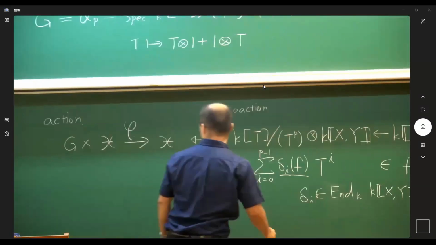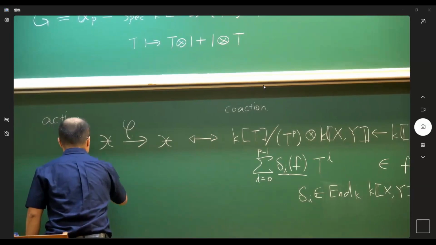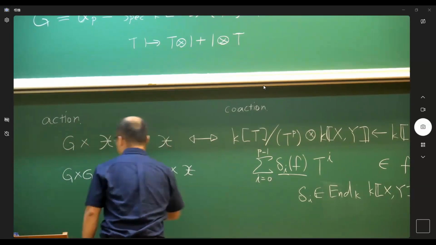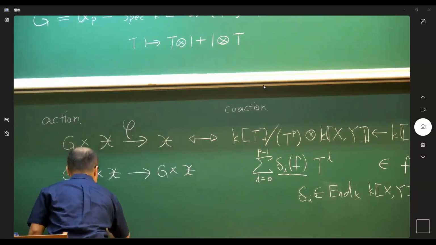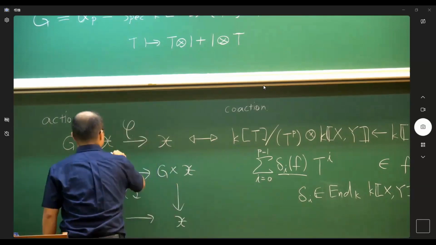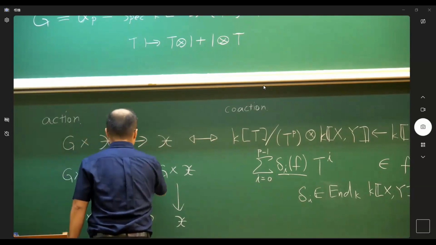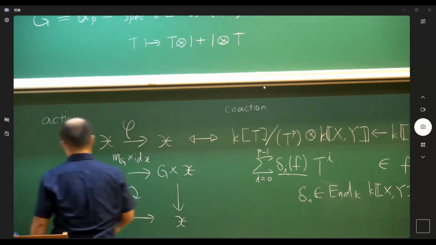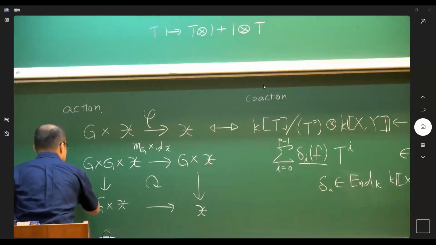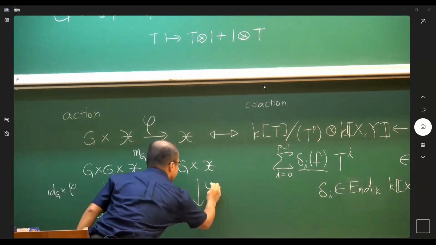So I should write here G times X, given by the multiplication of this group scheme and identity of X. And this is the action and identity of Z, and phi action and action.